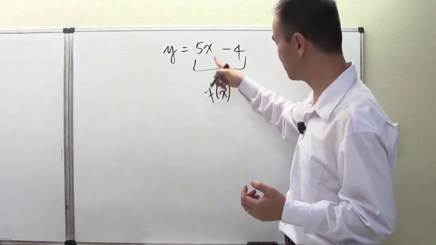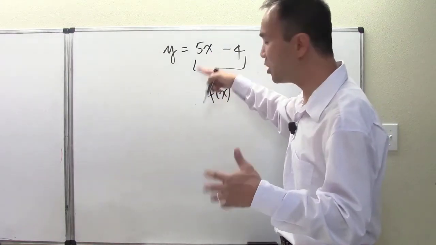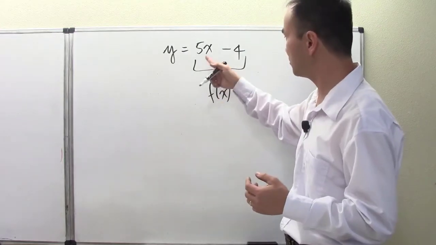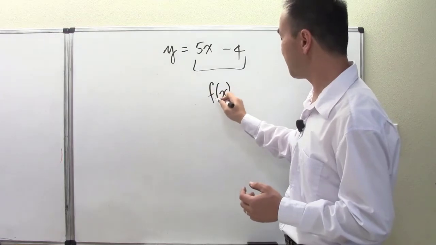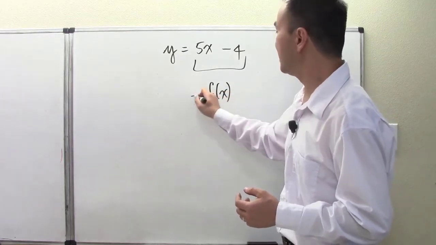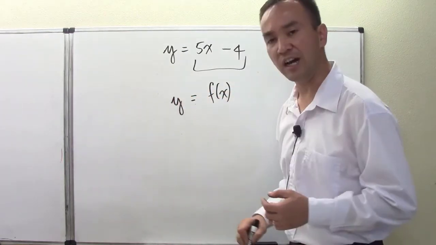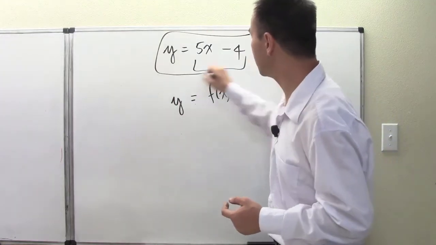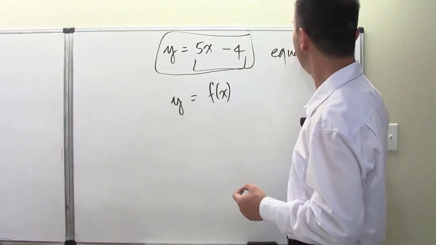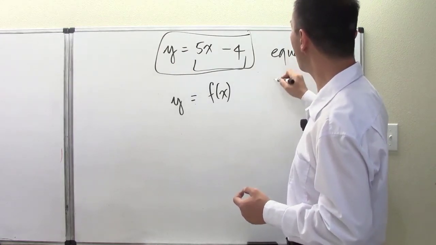We already knew right from the beginning of the problem that this was the rule, and so we decided it's a function f of x. We named the function f, and then the output is assigned to the variable y. It's a function, but in equation notation.